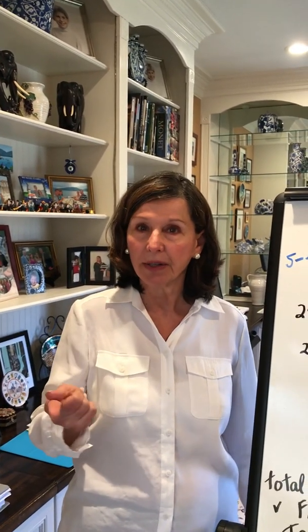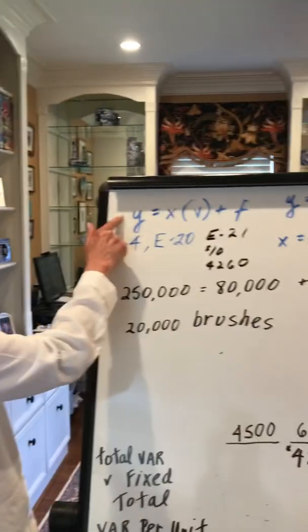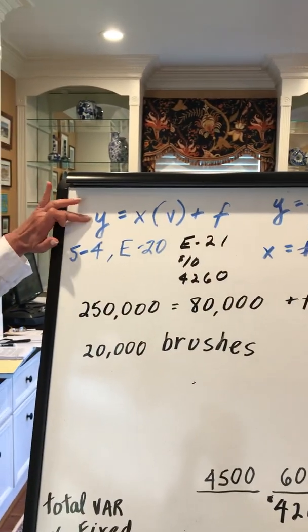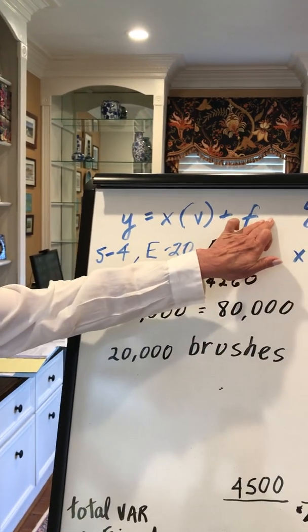One of the key things in this chapter is the cost equation. This is an equation that represents what I just talked about, that companies have a combination of variable costs and fixed costs. The equation is y equals x times v plus f.